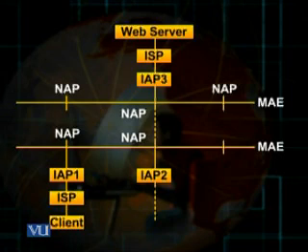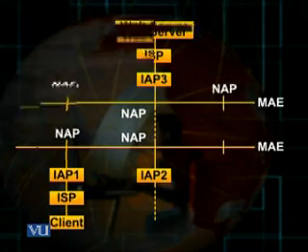IAP3, the router, then picks up these data packets, then forwards them to its ISP which is working underneath the IAP3, and then that ISP's router would deliver these packets, inserting the MAC address of the web server on these packets, to the web server. So this is how we can understand in simple terms that data packets are routed on the internet backbone.